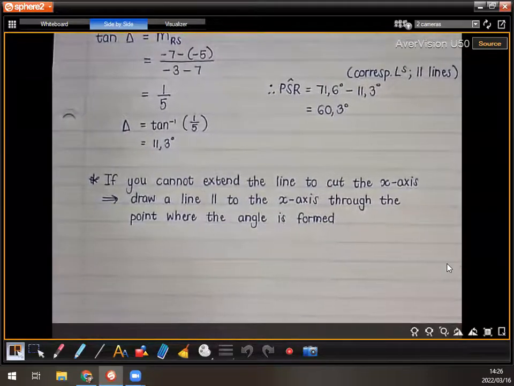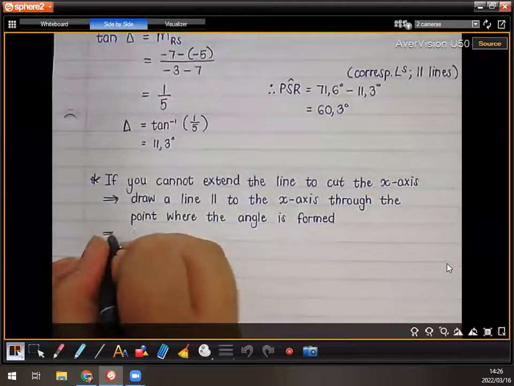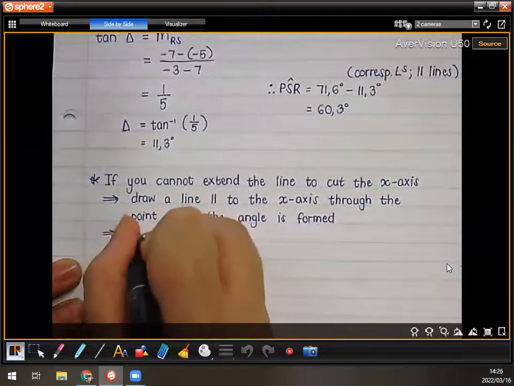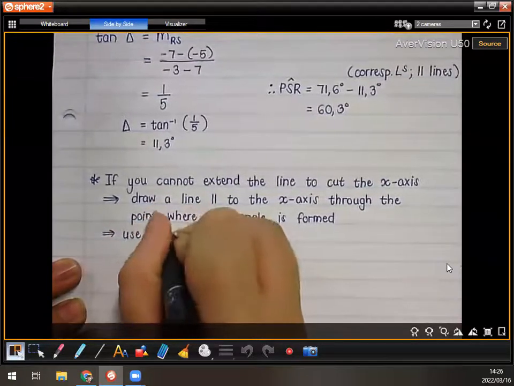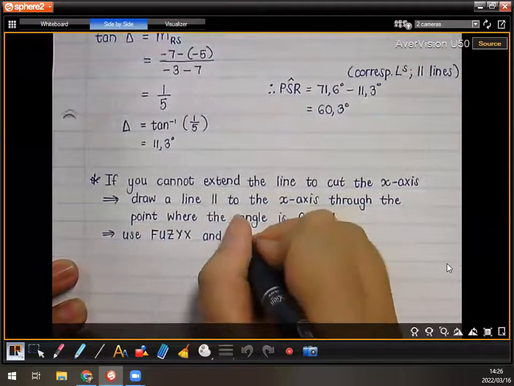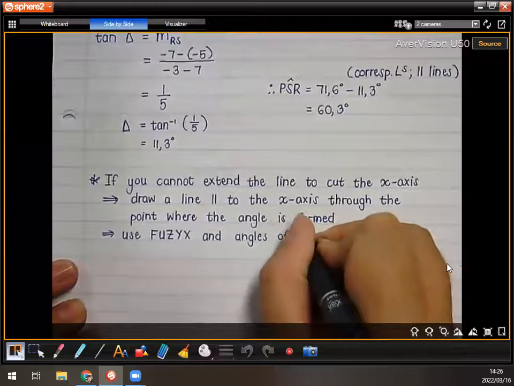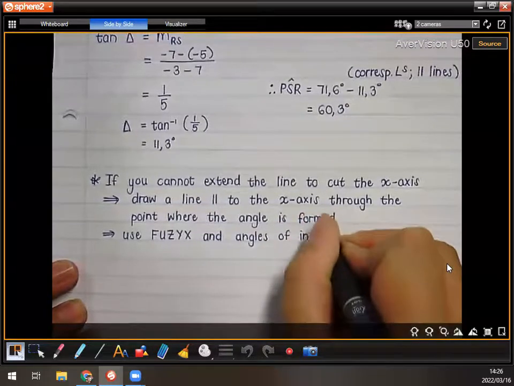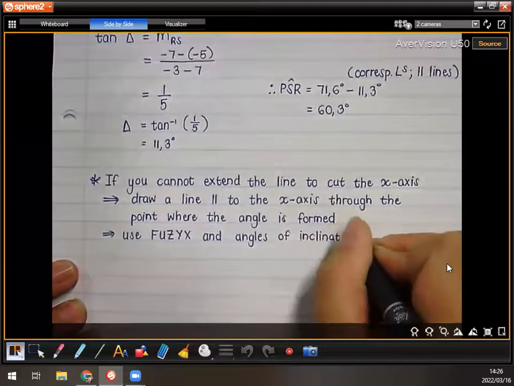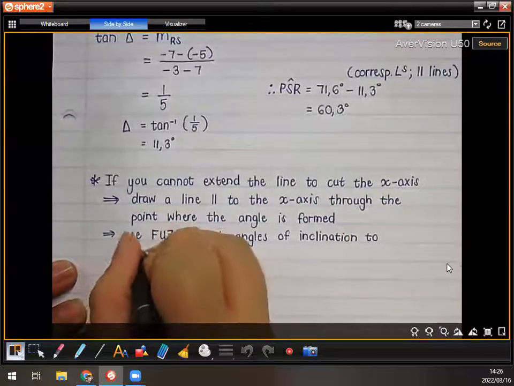So what I mean by that is it was angle PSR, so we drew a line through S. That's always where that angle is, through that point. Then you are going to use fuzzy X and angles of inclination to calculate the angle.